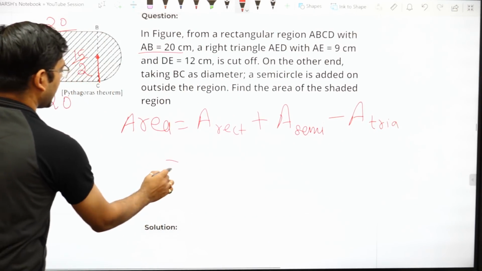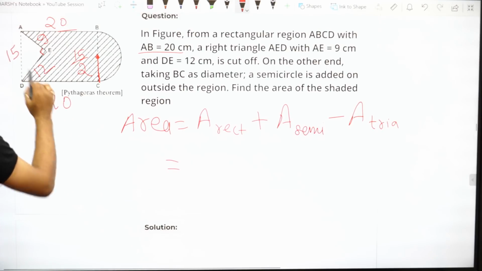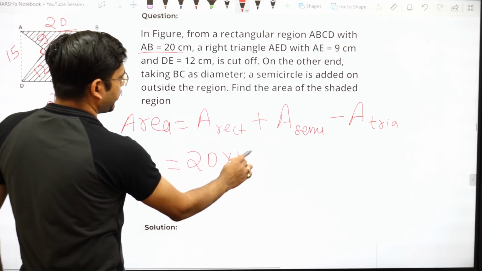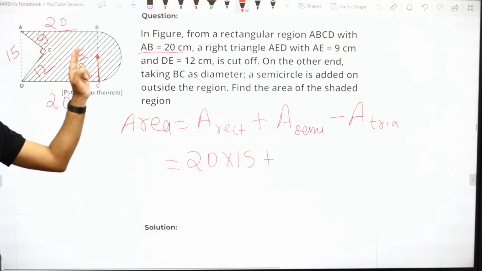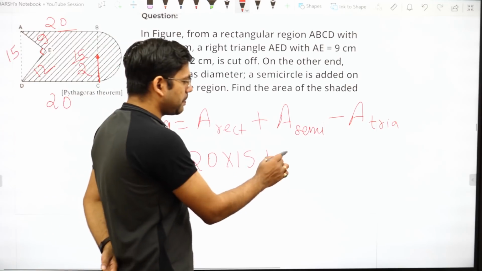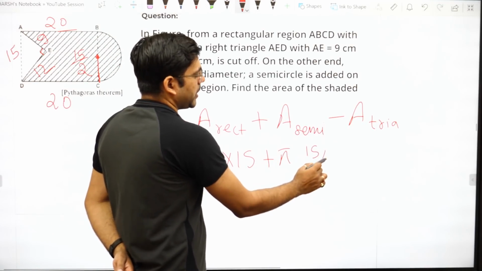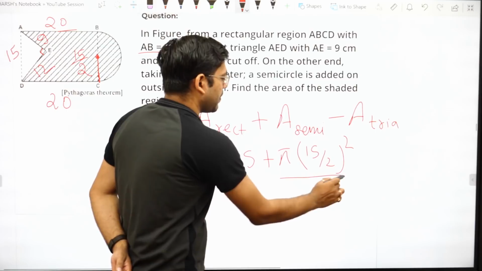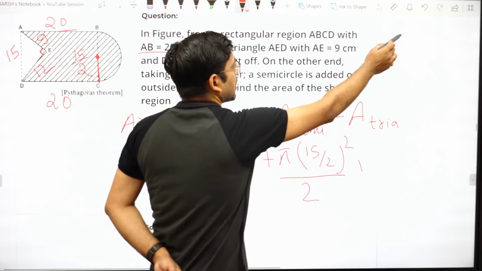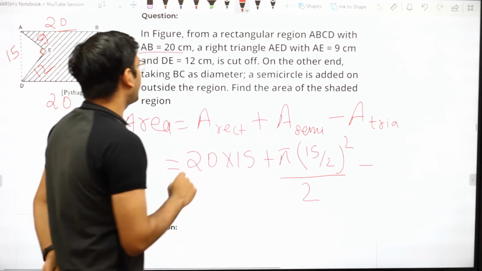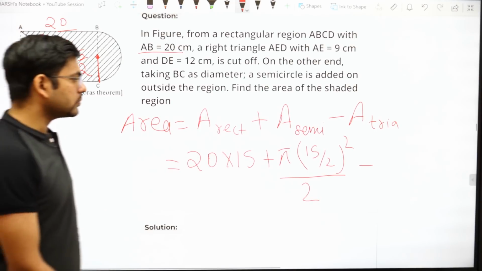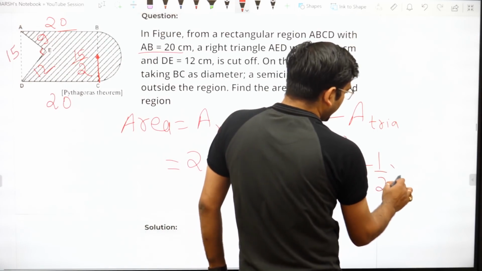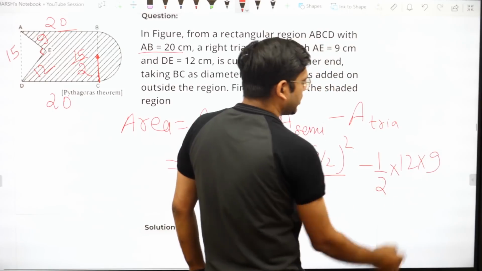Now putting all the values, area of rectangle is 20 into 15, plus area of semicircle, so pi r square by 2, where r means 15 by 2 whole square, pi r square divided by 2 minus area of triangle. So this is a right angle triangle, so half into base into height, so half into 12 into 9, isn't it?